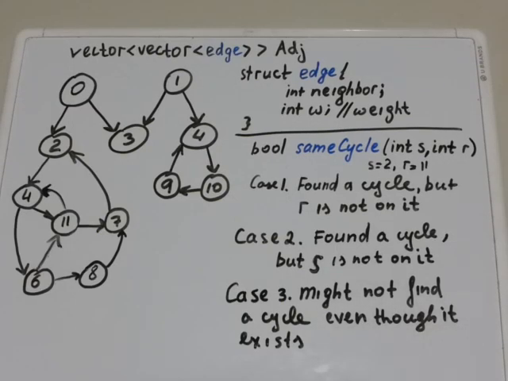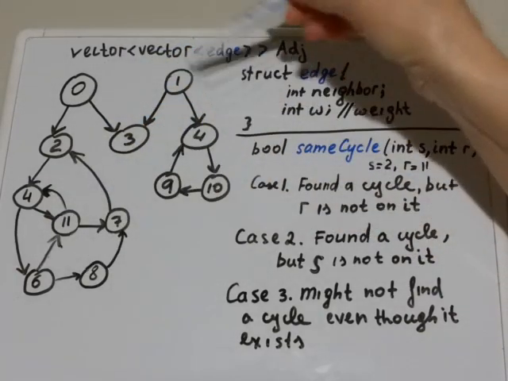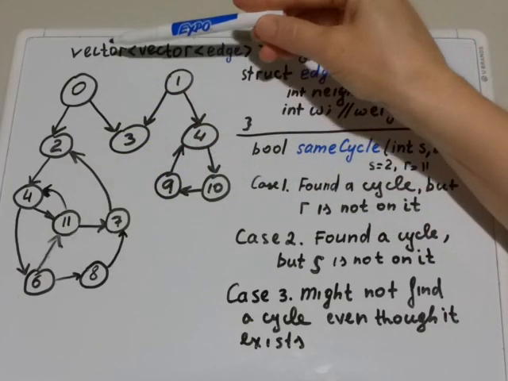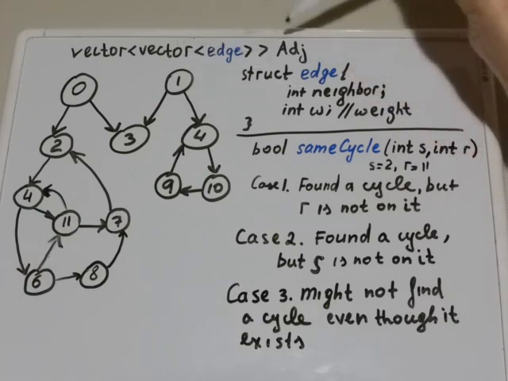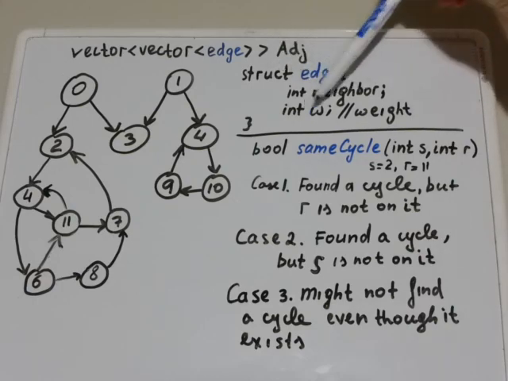In this video we will discuss how to verify whether two given vertices S and R lie on the same cycle in a given directed graph. Given a directed graph, we represent it as a vector of edges, which I call adjacency lists, ADJ. The Edge struct has an integer neighbor and an integer w.